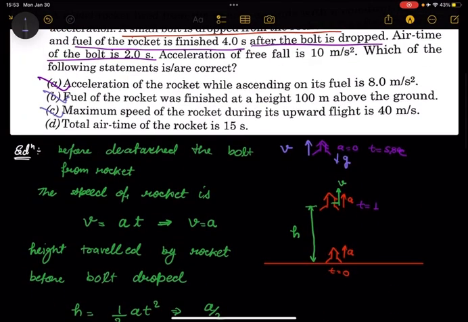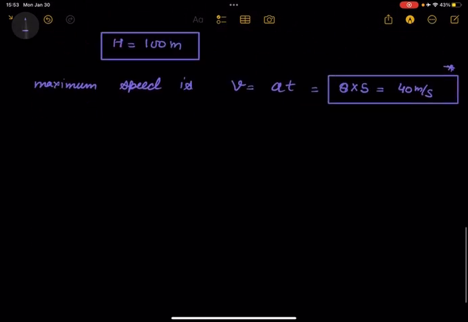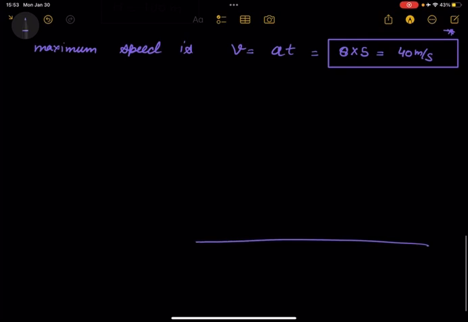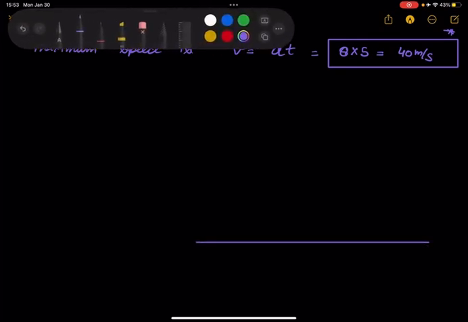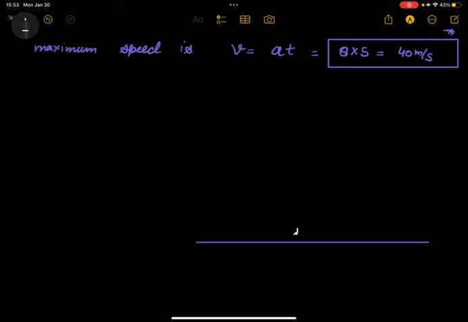Now what is the last option? Total air time of the rocket is 15 seconds. Let's take the entire journey. The rocket starts from the ground with acceleration a. After 1 second it covers some distance, 4 meter, because a is 8 meter per second square.